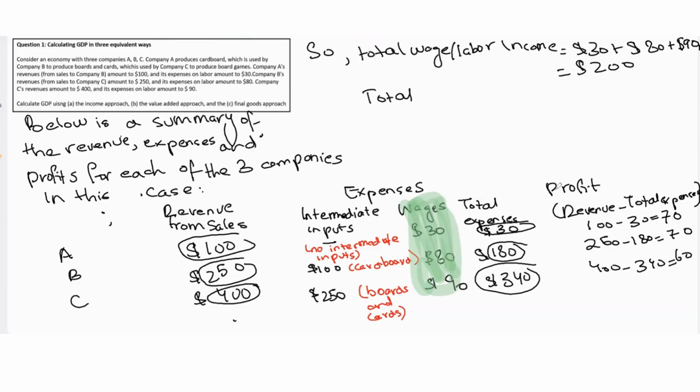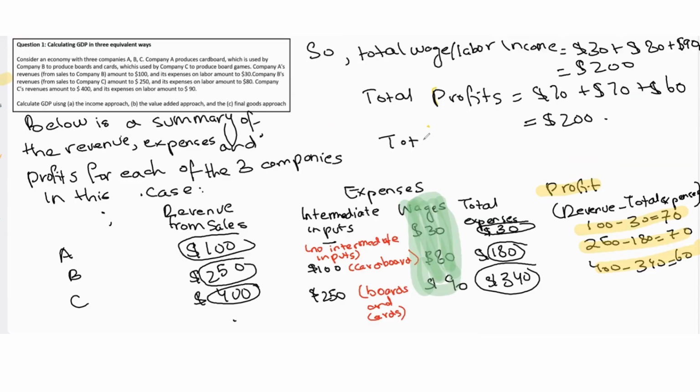And now we're going to use this column right over here for the profits information. So total profits in the economy are $70 from company A, then $70 from company B, $60 from company C, and this is also $200.